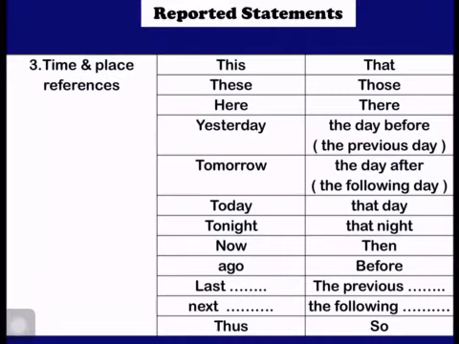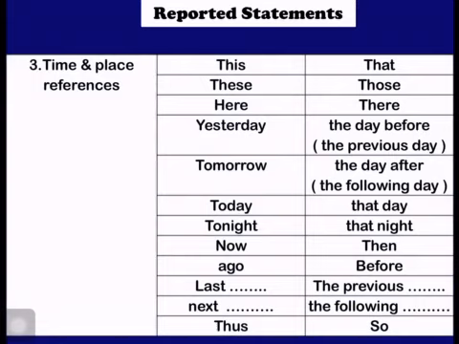The third change we have here is in the time or place references. For example, if I have this, it changes into that. These becomes those. Here becomes there. Yesterday, the day before or the previous day. Tomorrow, the day after, the following day.